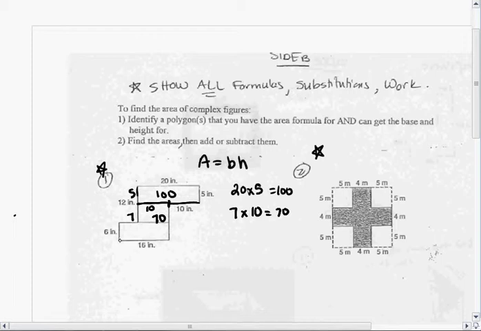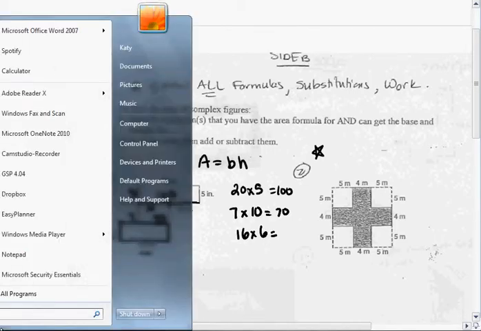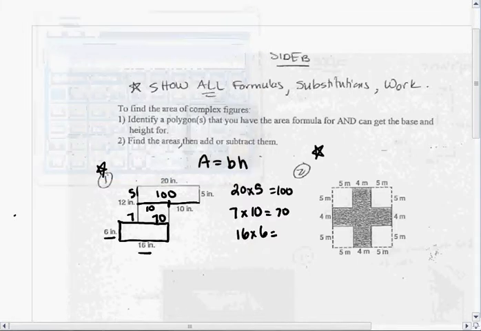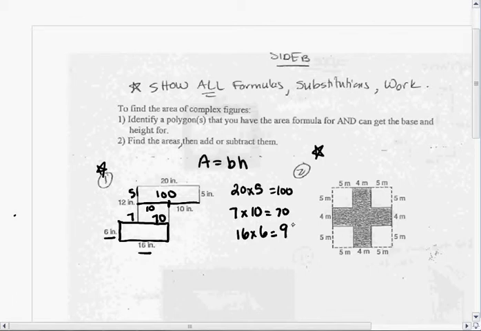And then I'm going to look at the bottom rectangle, which is 16 by 6. So 16 times 6, $96. And then I'm going to add all of those areas together.